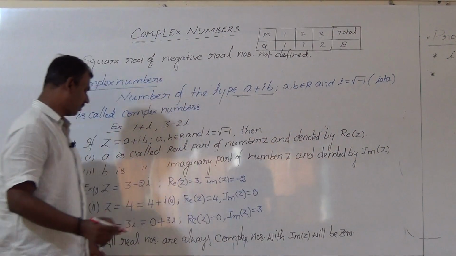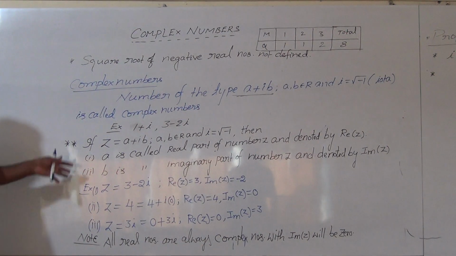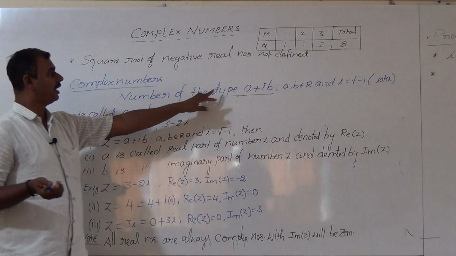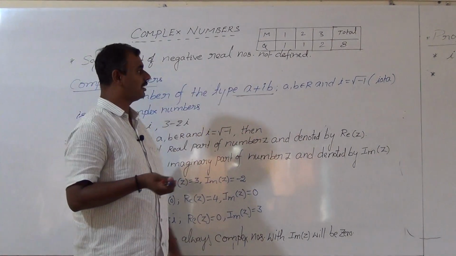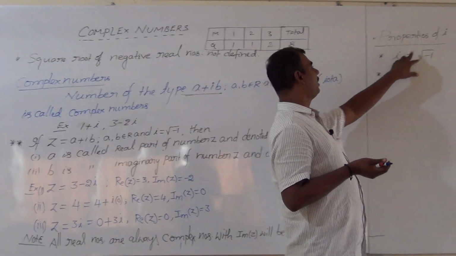So this is one of the important notes you should always remember. Every real number is always a complex number. Why? Because we can write every number in the form of a plus iota b. That is the reason. Now let us go to the properties of iota.